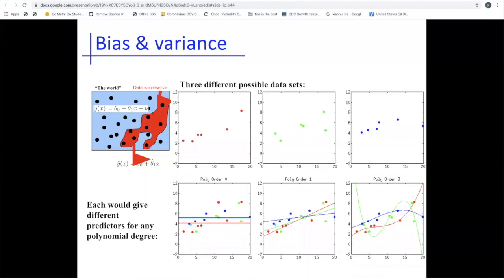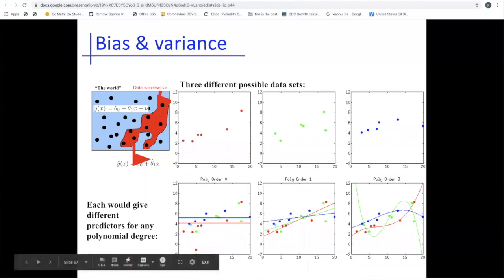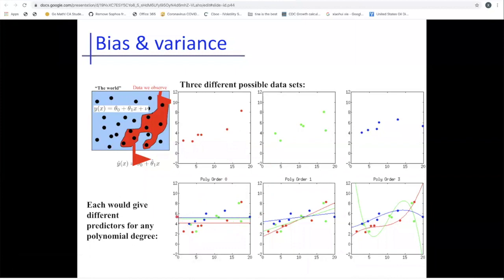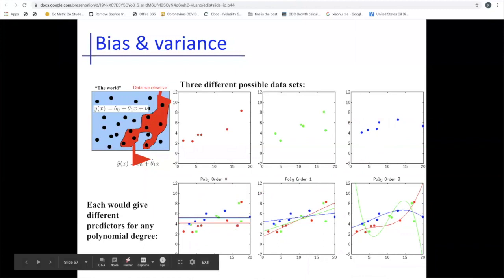Now I put all three sets of training data together here. The blue line represents the constant I learned from the blue training data set. The red line represents the constant I learned from the red training data set.